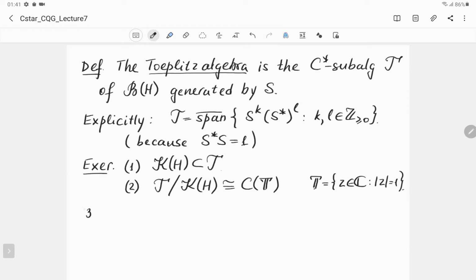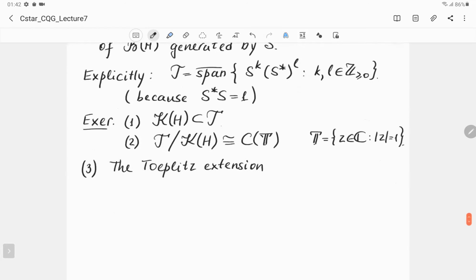And so we get the following exact sequence of C-star algebras, which is called the Toeplitz extension. This is the following exact sequence of C-star algebras: K of H, T, and the algebra of continuous functions on the circle.